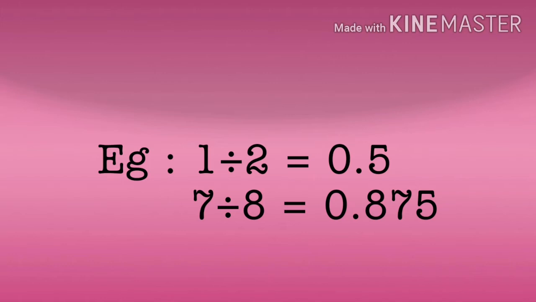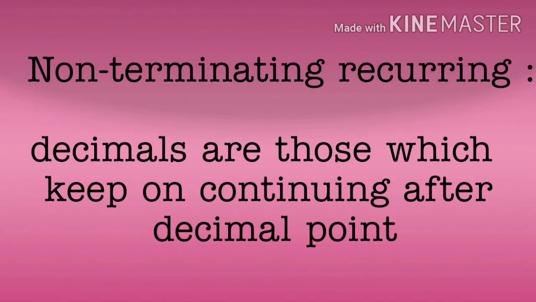And the next, non-terminating recurring. What is meant by non-terminating recurring? It means decimals which keep on continuing after the decimal point. If you divide 1 by 3, you can go through an example.